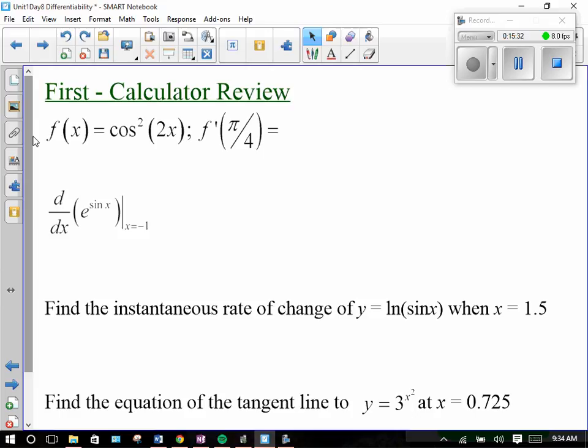I want you to find the first derivative value for e to the sine x power at x equals -1. I want you to find the instantaneous rate of change of y equals the natural log of sine x at x equals 1.5. So again, that's just the first derivative at x equals 1.5. And I want you to find the equation of the tangent line to y equals 3 to the x squared power at x equals 0.725. Yes, you can put anything in the calculator.